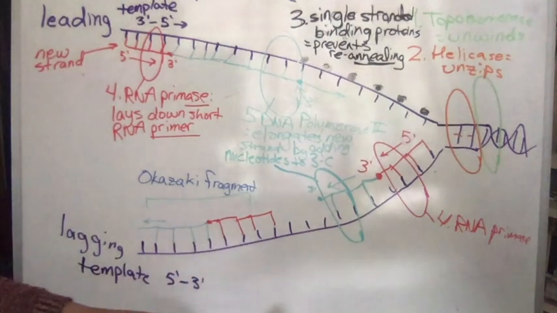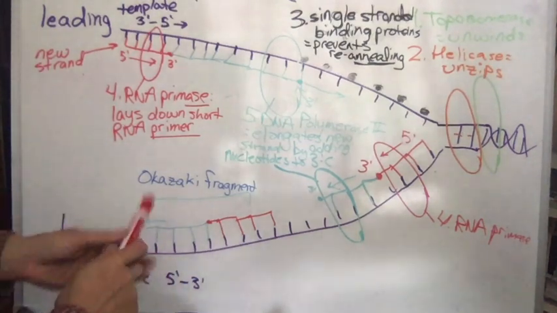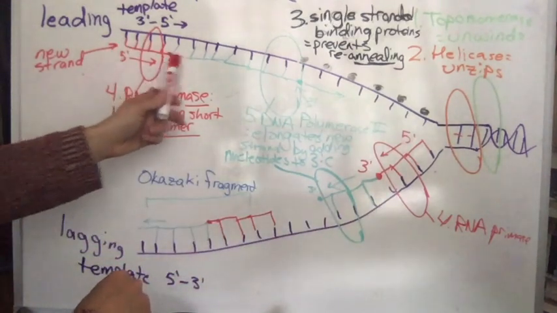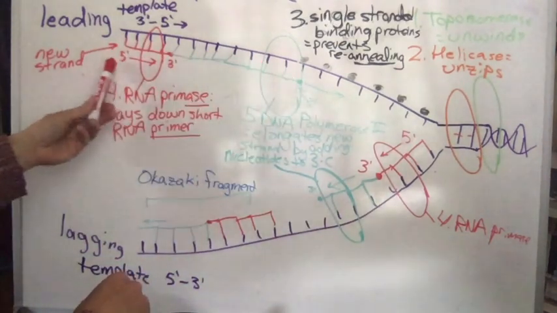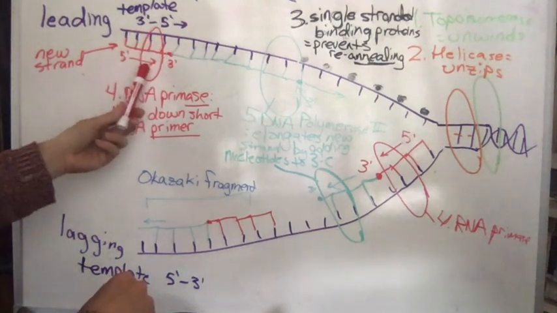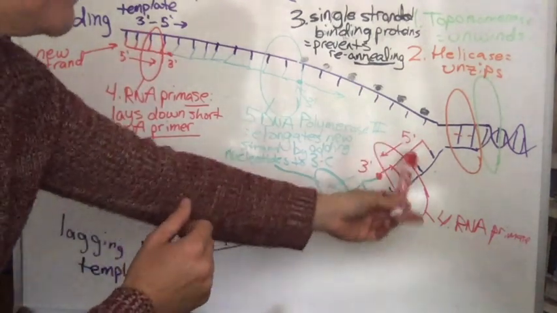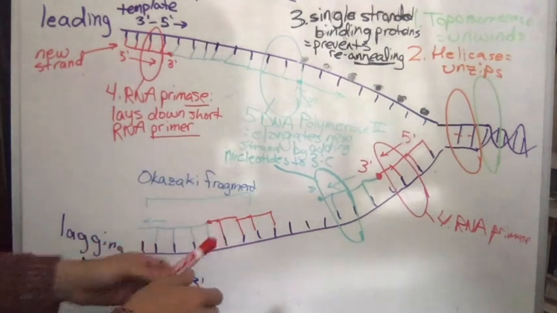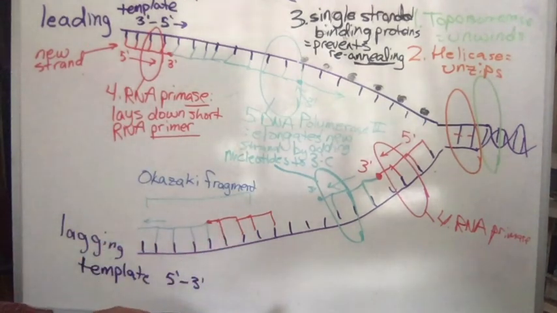Now, again, at the end of a replication process, so let's go back up here at the top. At the end of this whole replication event, after elongation is completed, we still have this RNA primer here, and then multiple times here on the lagging strand, that needs to be essentially taken out and replaced with DNA. And so here we come.